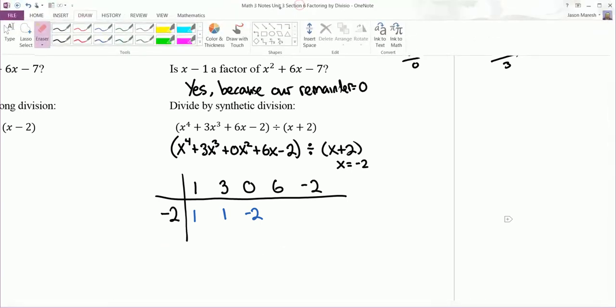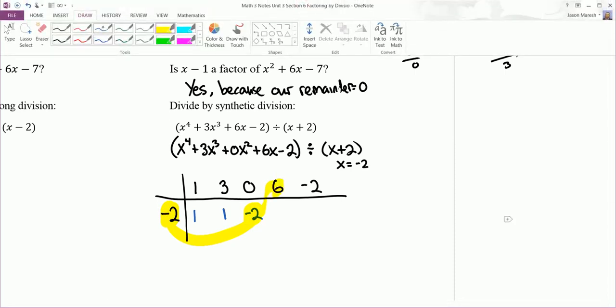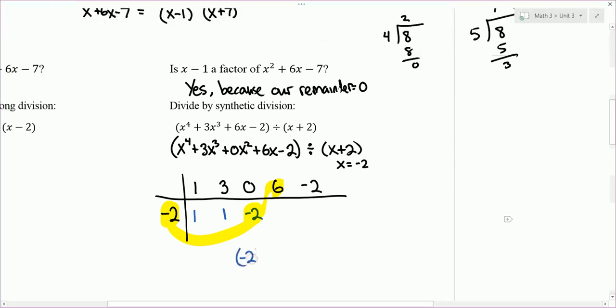Do this again. Negative 2 times negative 2 plus 6. Negative 2 times negative 2 is positive 4, plus 6 gives you 10.